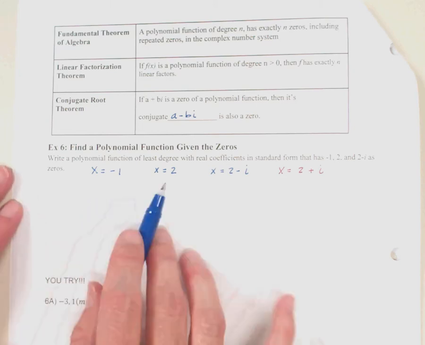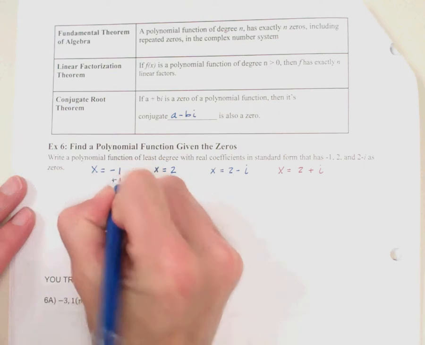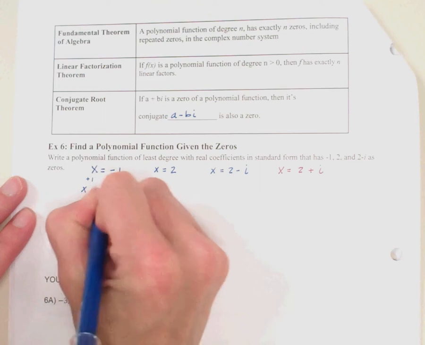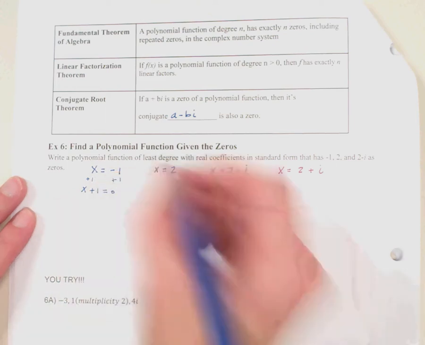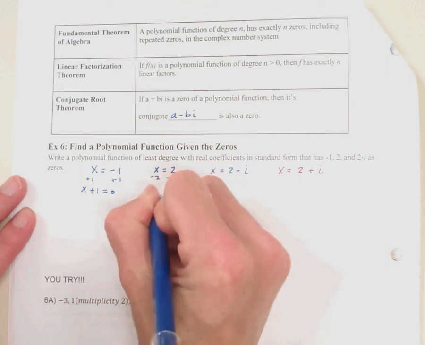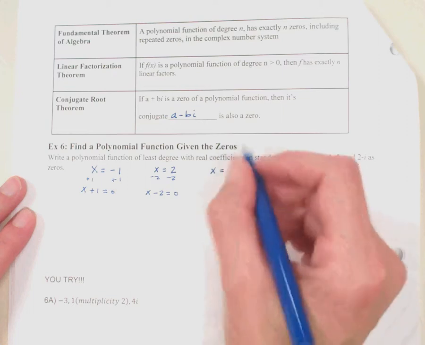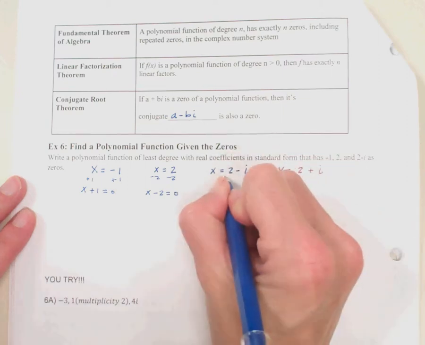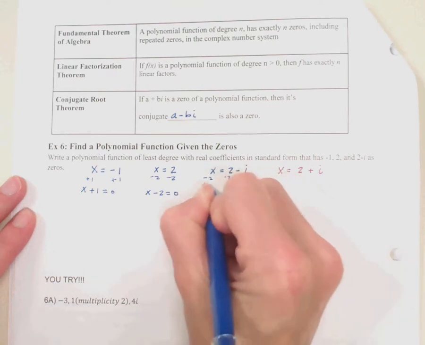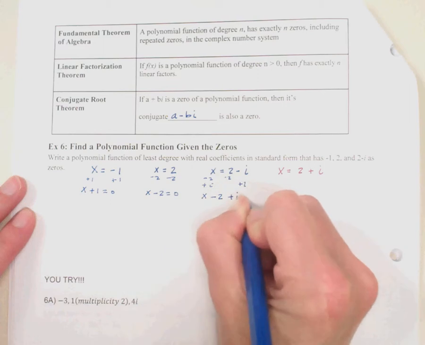So the first thing I have to do is set each of these values equal to 0. I will do so by adding 1 to both sides. So we have x plus 1 is equal to 0. I can subtract 2 from both sides. And we have x minus 2 is equal to 0. Okay, for my complex zero, I'd have to subtract 2 from both sides and add i. So we have x minus 2 plus i equal to 0.